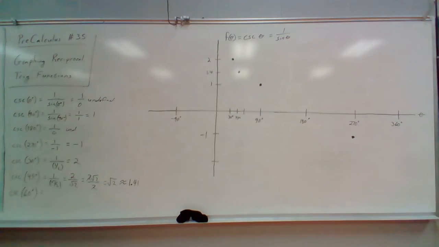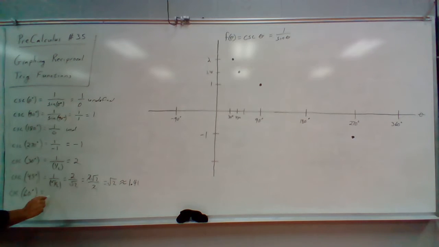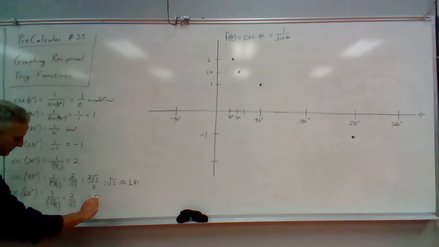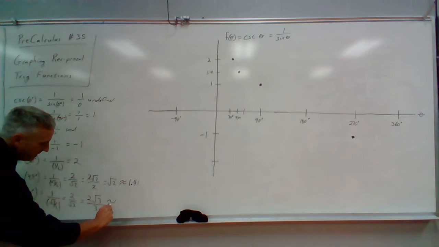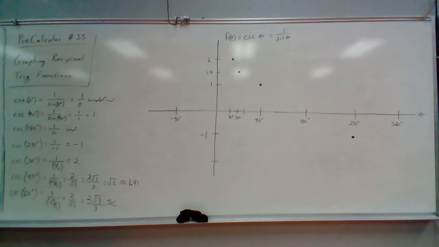The cosecant of 60 degrees. That would be 1 over the sine of 60 degrees. So 1 over the square root of 3 over 2. That would be 2 over the square root of 3. Rationalize that, and we get 2 square root of 3 over 3. And we can ask our calculator approximately what that value is.